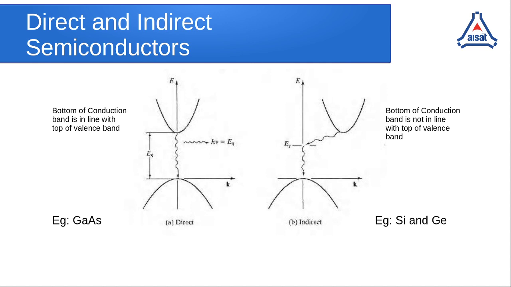Now, with the concept of the EK diagram for electrons and holes, we could see some classification of semiconductors.